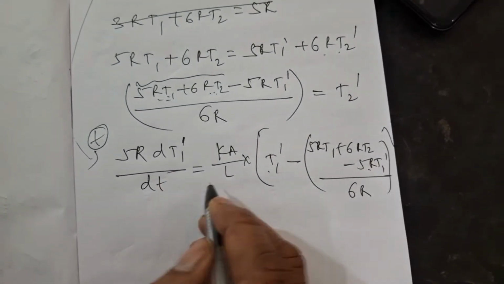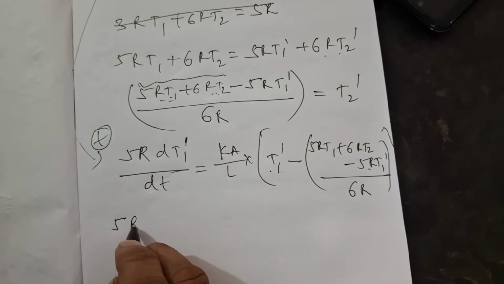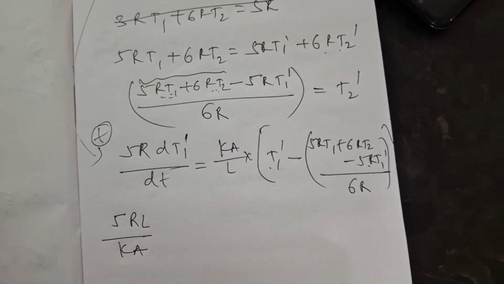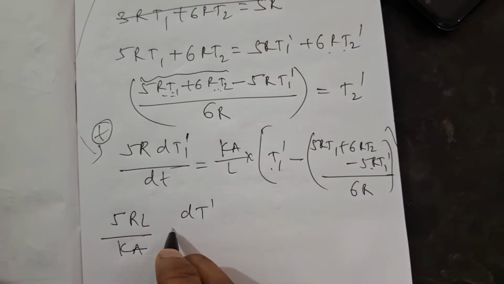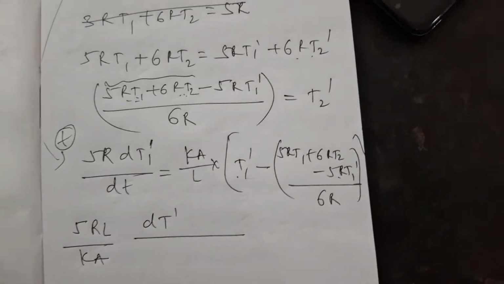Now please solve. So 5 R L by KA dT1 prime divided by, how to solve now?